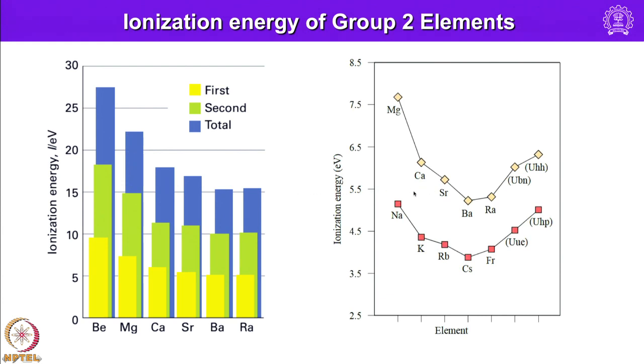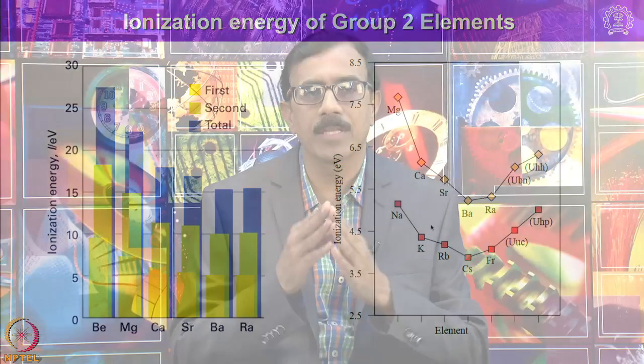And you can see here the first ionization enthalpy of all alkaline earth metals is much higher than those of alkali metals or group 1 elements. I already mentioned why.